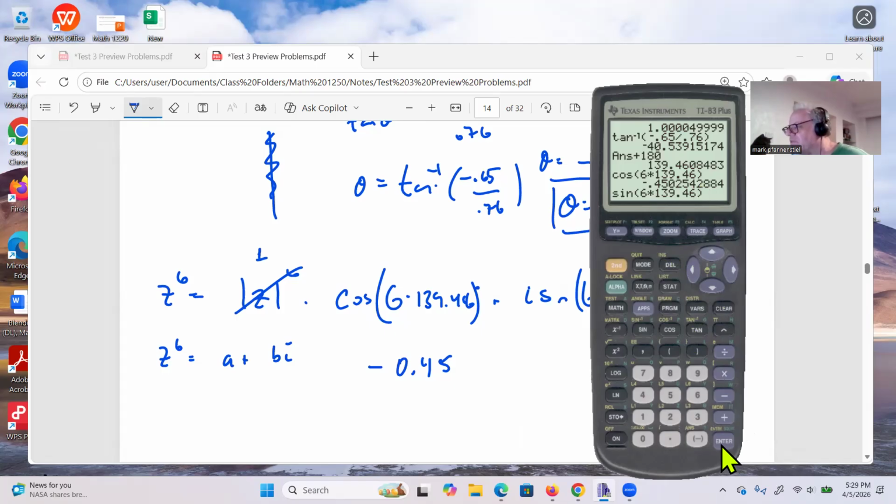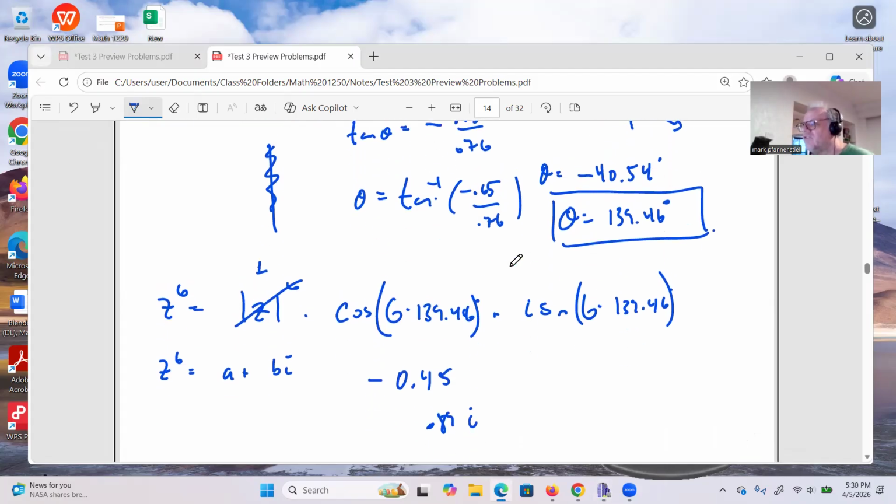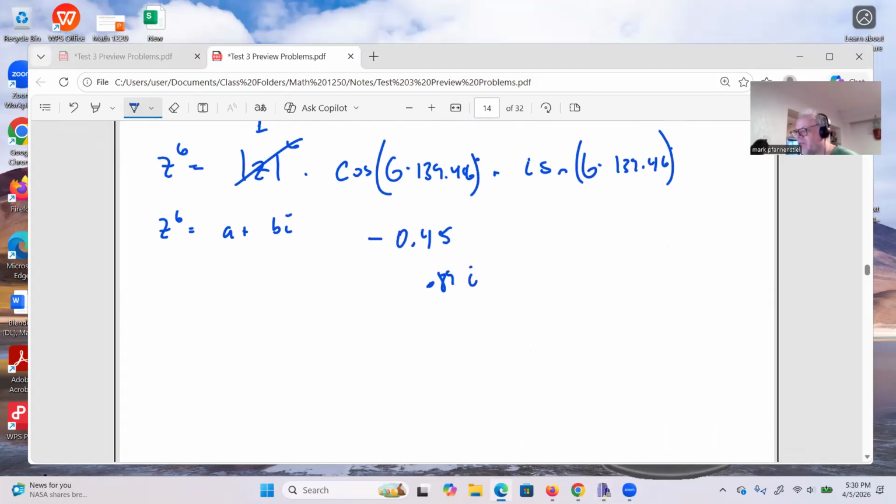We have a positive 0.89. So when we are all done with this whole thing, we have negative 0.45 plus 0.89i, and that is my value for z raised to the sixth power.